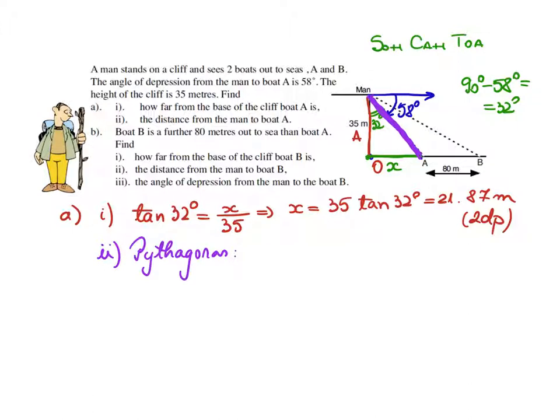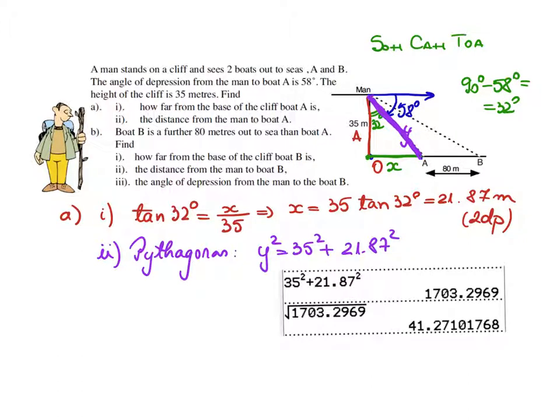So let me call this y. y squared equals 35 squared plus x squared, and x was 21.87 squared. I put this in my calculator, and that's what I get. So my answer will be y equals 41.27 to two decimal places.